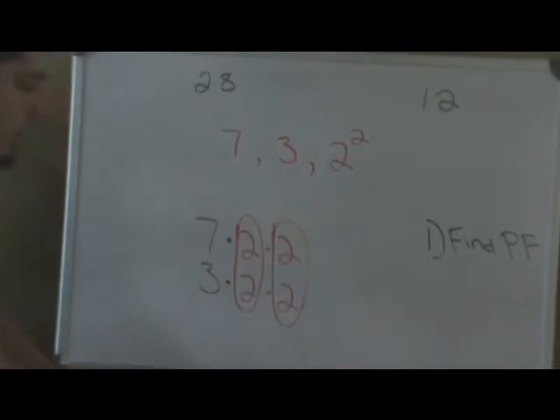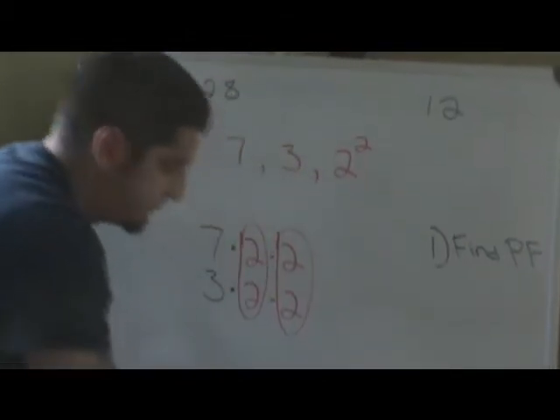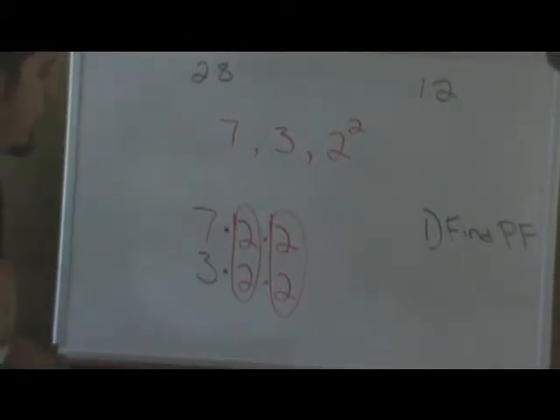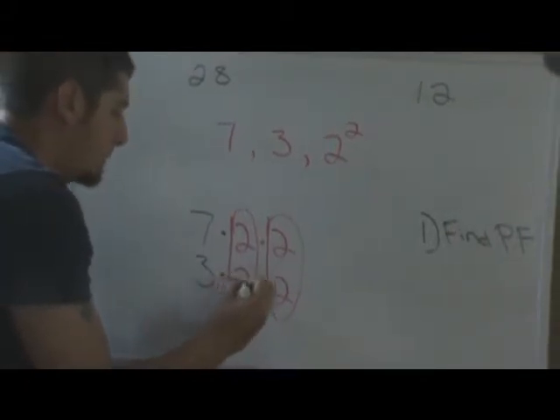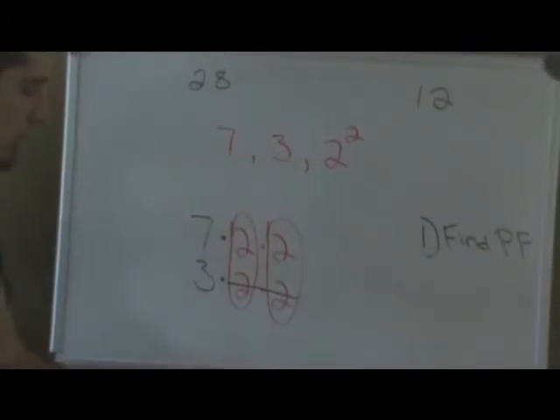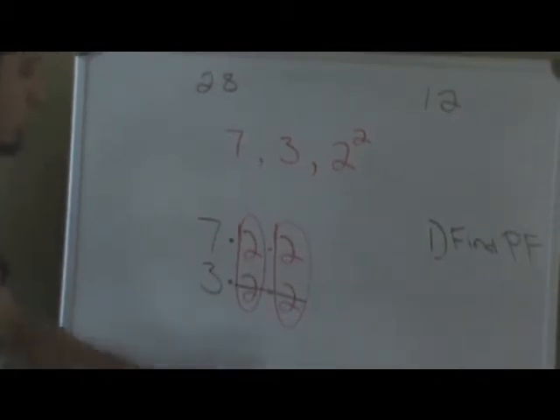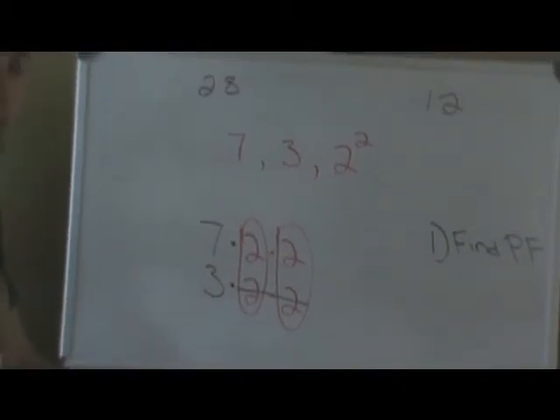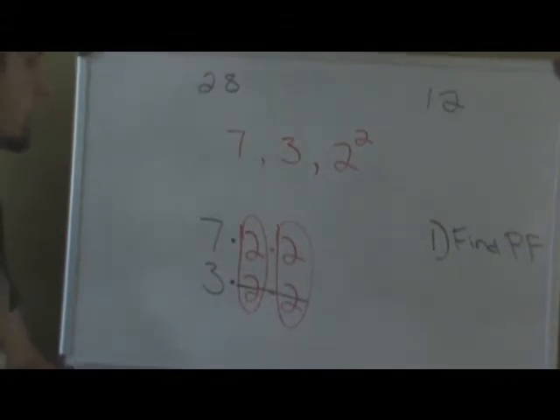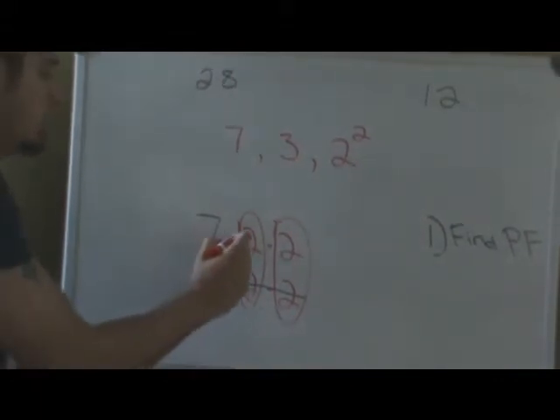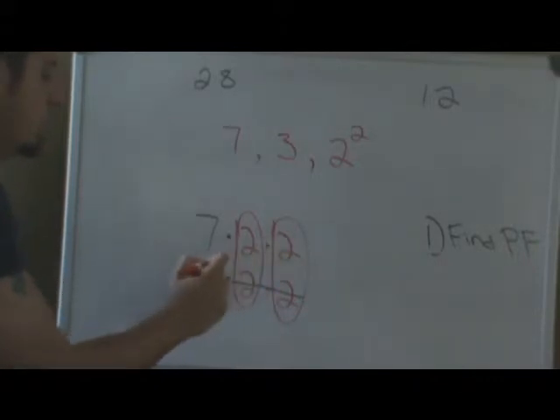Here and here. And all you're going to do is cross out the bottom row, or the top row, your choice, but one of the rows of 2 that they have in common, and then you multiply what you have left over. So I'm going to do 7 times 2 times 2 times 3, and that will be my LCM.